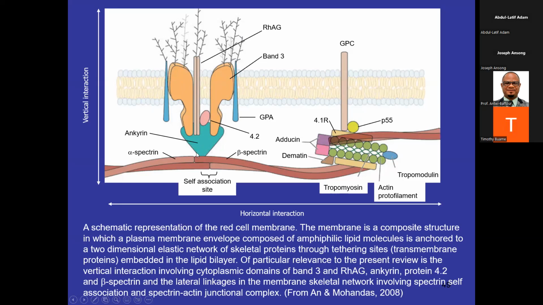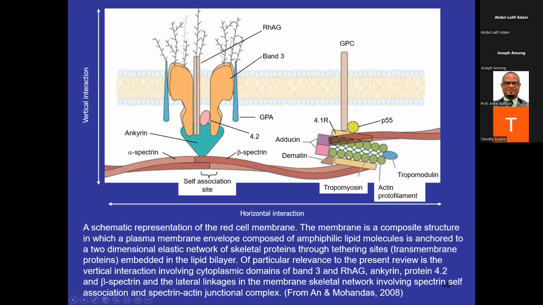If there is a defect here and this protein caves in, this side of the membrane will also cave in and it will shorten the membrane length, allowing the cell to resume a different shape. Then on the lateral side, you have protein 4.1R here and protein p55, and you have adducin, tropomyosin, actin protofilament, and then tropomodulin.